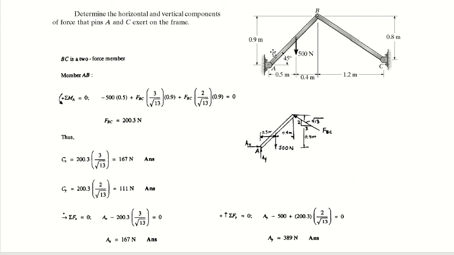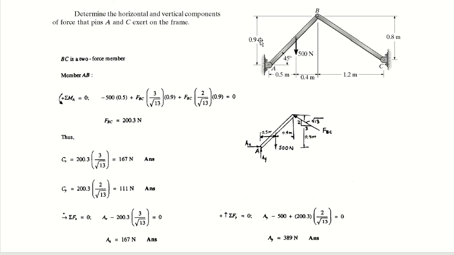Now coming to the second question, the configuration is totally different, as you can see. The question is: determine the horizontal and vertical components of force that pins A and C exert on the frame. This is your roller support A, sorry, not roller support, my bad, it's a hinge support at A, hinge support at C, and this is the third hinge, the 3-hinge arch, right, at B. The load of 500 Newton is applied at this point, which is 0.5 meter from A and 0.4 meter from B. The rod is making a 45-degree angle.